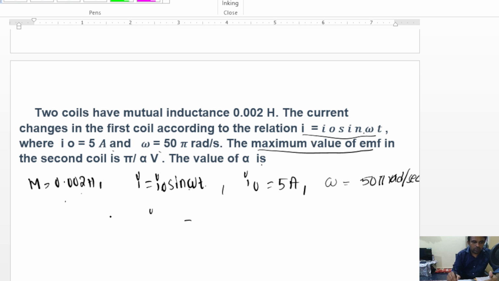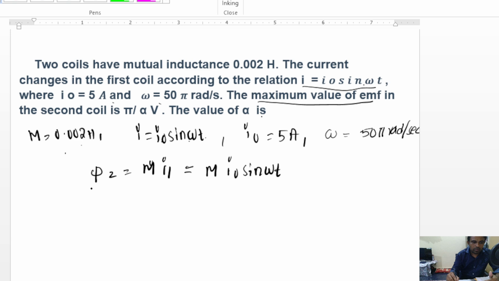From the mutual inductance formula, we know that phi 2 is equal to mutual inductance M into I1. Let us assume I1 is I0 sin omega t. From Faraday's second law, we know the formula E is equal to d phi by dt.